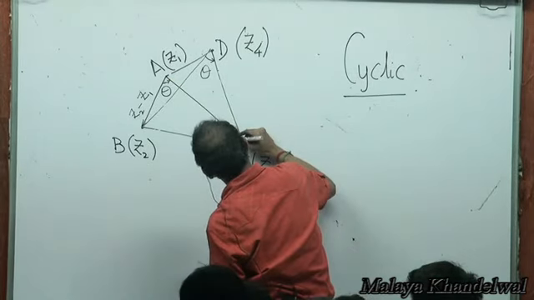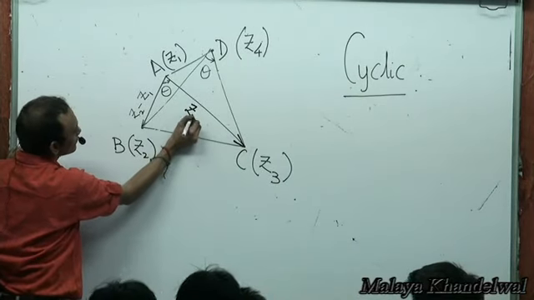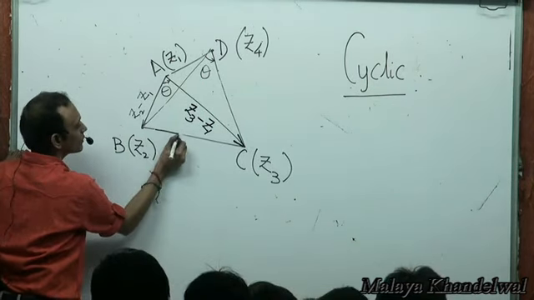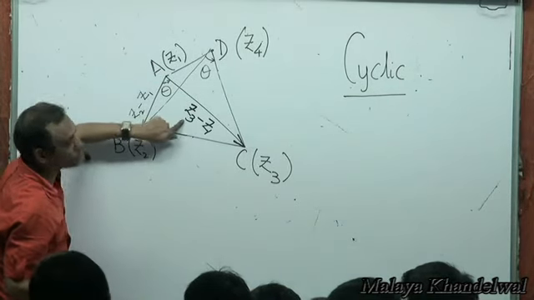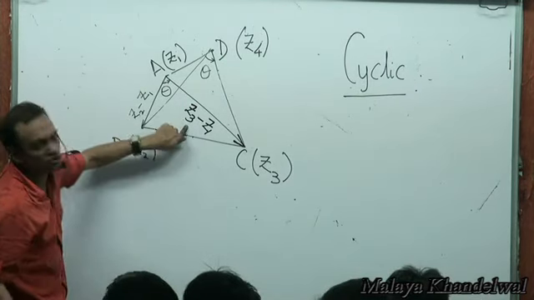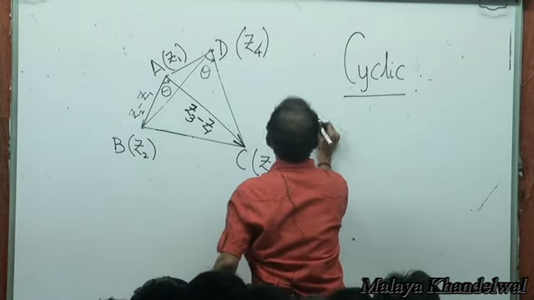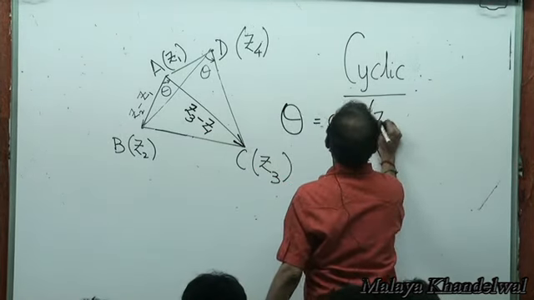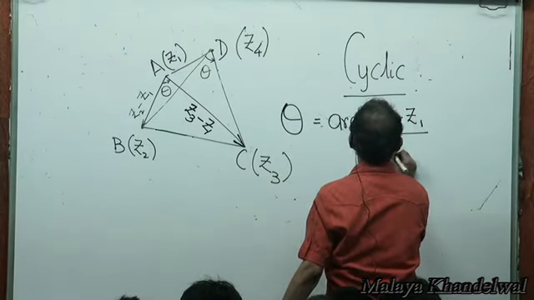This vector AC is Z3 minus Z1. Theta is the angle by which you must rotate this so that it coincides with this. So this must be the denominator vector, this must be the numerator vector. So theta is argument of Z3 minus Z1 divided by Z2 minus Z1.